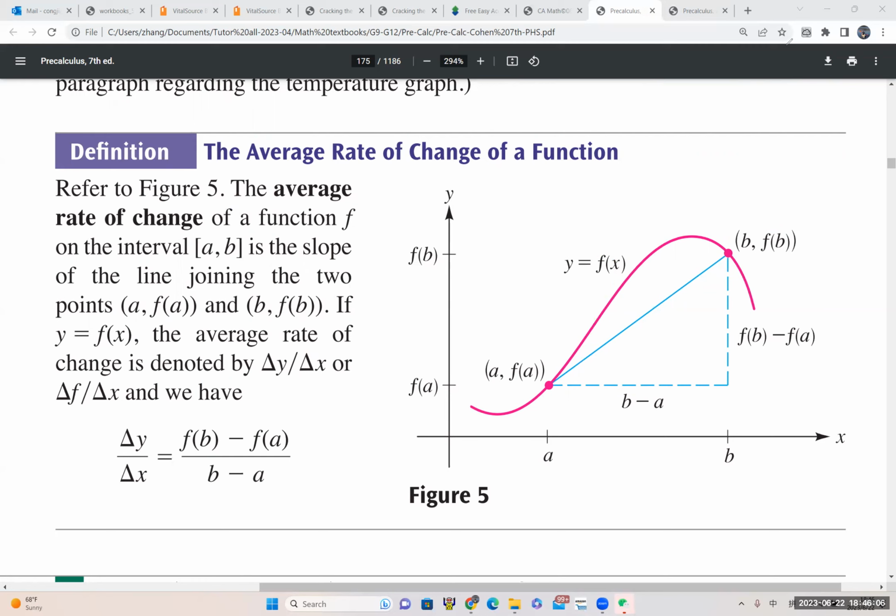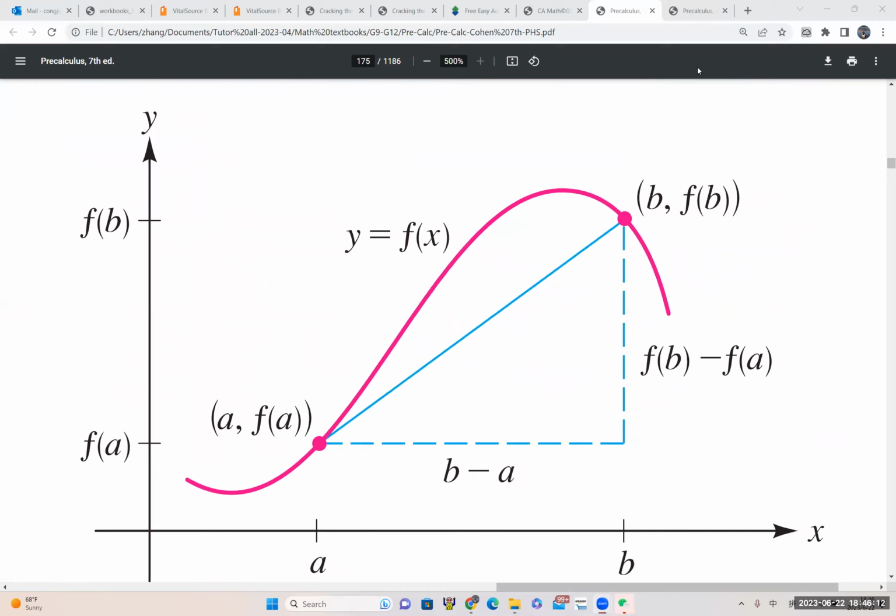So why do we need this? Example. Through this blue line, you find the average rate of change between A and B. So in future, if you let B get closer to A, it's still an interval, right? But think about it, if you keep moving point B until they are just next to each other, it means the distance between them is as small as you want.